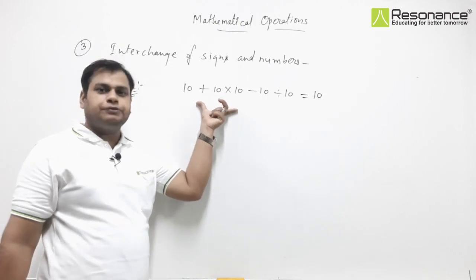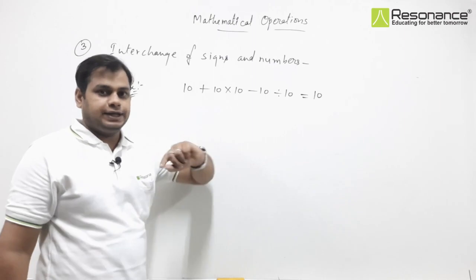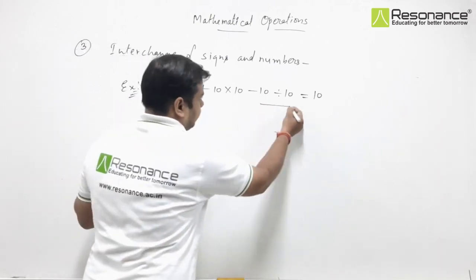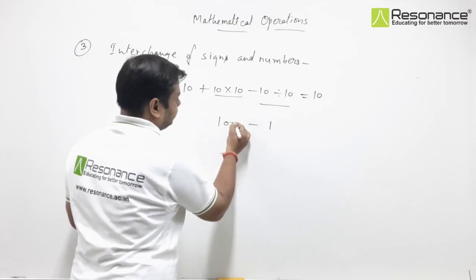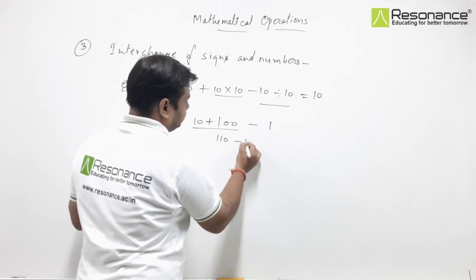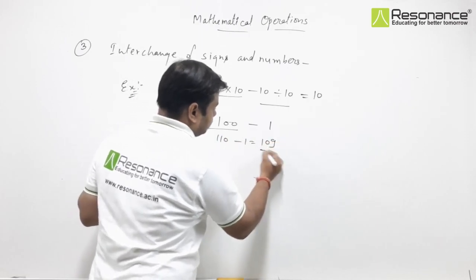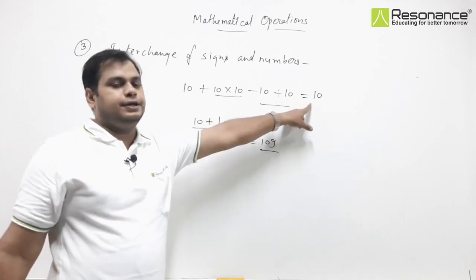If we solve this equation, we don't get the solution 10. 10 divided by 10 will give us 1, 10 multiplied by 10 will give us 100, plus 10 gives 110, minus 1 is 109. But we have 10 here.